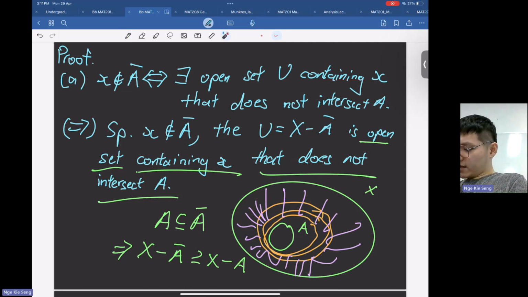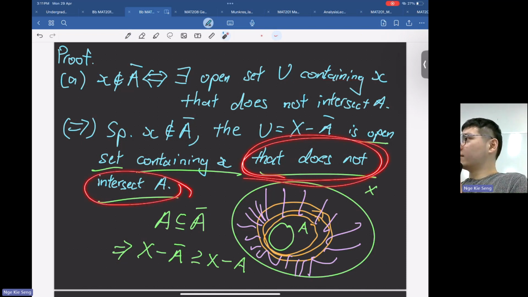No, X minus A. Wait, no. I'm trying to argue why this doesn't intersect A, right?